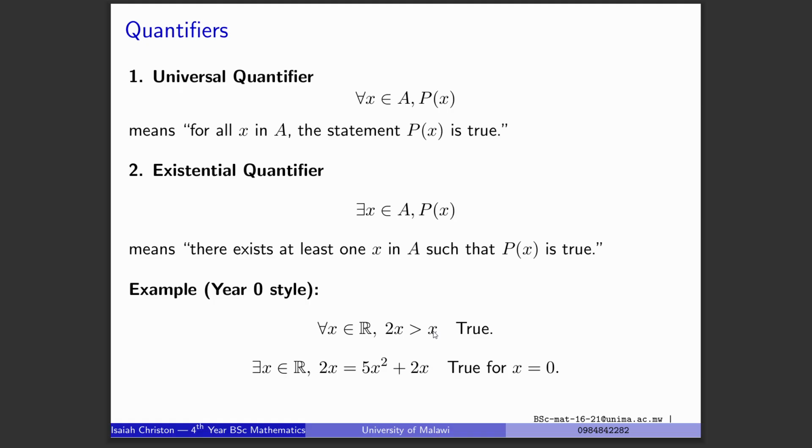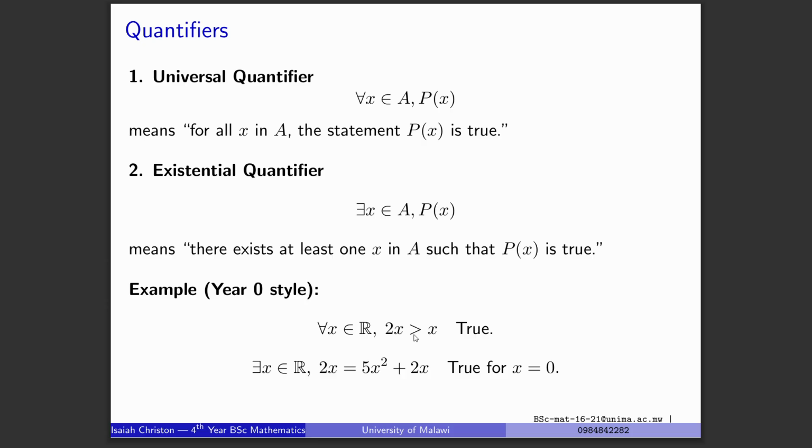If we choose 0 and plug 0 in here, this reduces to 0, and this one will be 0 as well because our x is 0. So the proposition itself is going to be true: 0 is greater than or equal to 0.